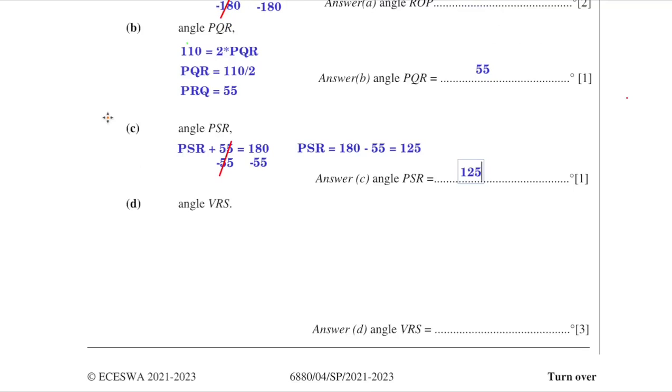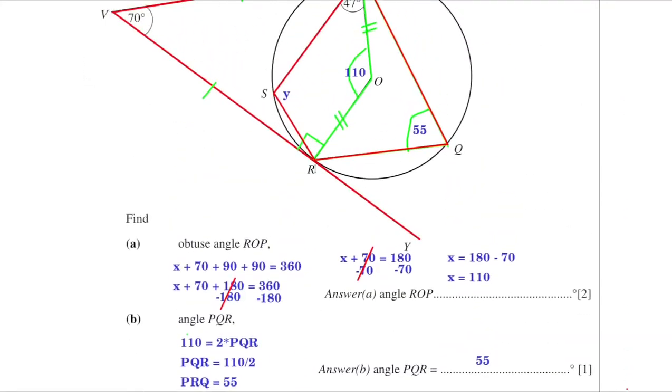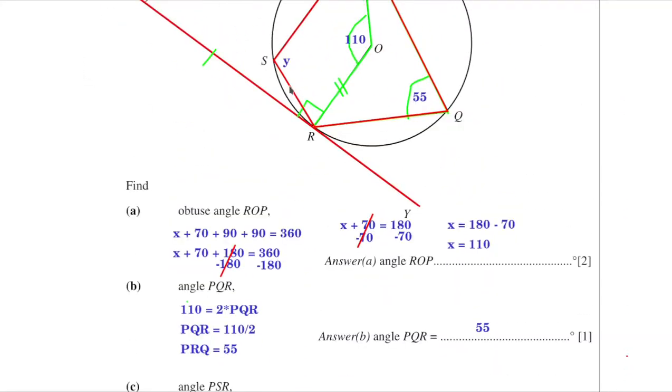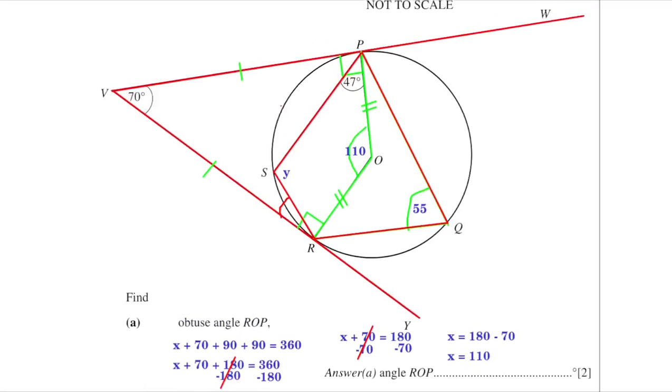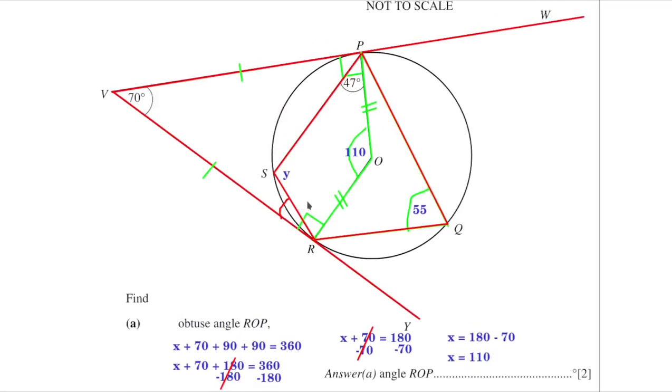It's VRS. VRS is actually this angle here. So if we can find this angle here, we can actually find the angle we are looking for. First things first, this angle is what we've just calculated to be 125 degrees.